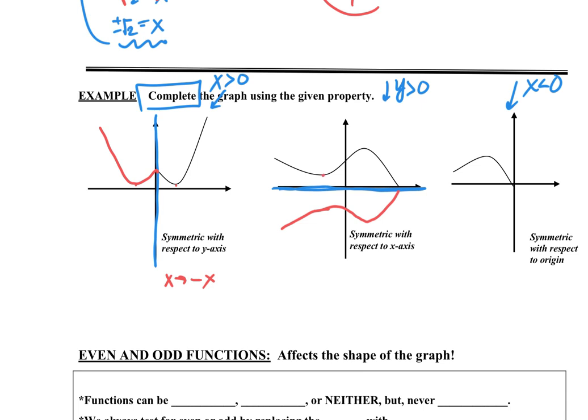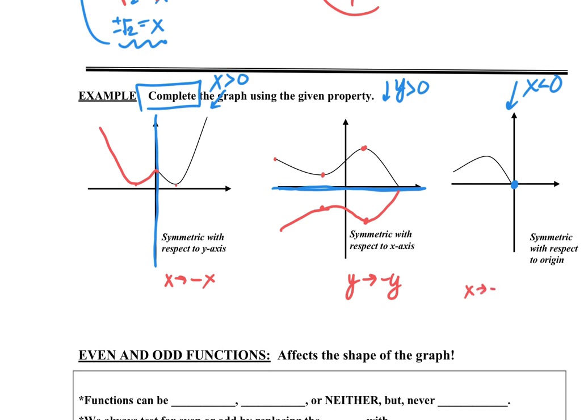And again, if this doesn't make sense, pick some points, where I can say, well, I'm just going to change my y to be negative or opposite, and then just kind of fill those in. All right, and then remember the last one, if it's symmetric with respect to the origin right there, it has to change both my x and my y.